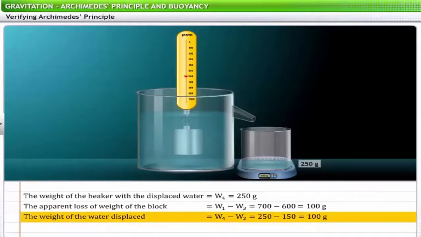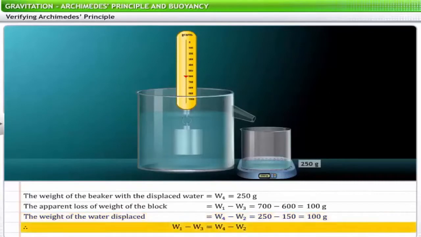This equals 100 grams. You can see that W1 minus W3 is equal to W4 minus W2. Thus, this verifies that the difference of weight of the iron block inside and outside the water is equal to the weight of water displaced into the beaker.